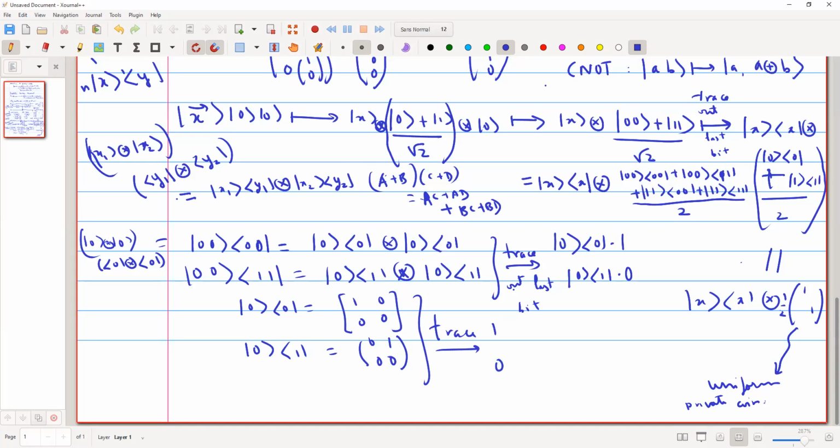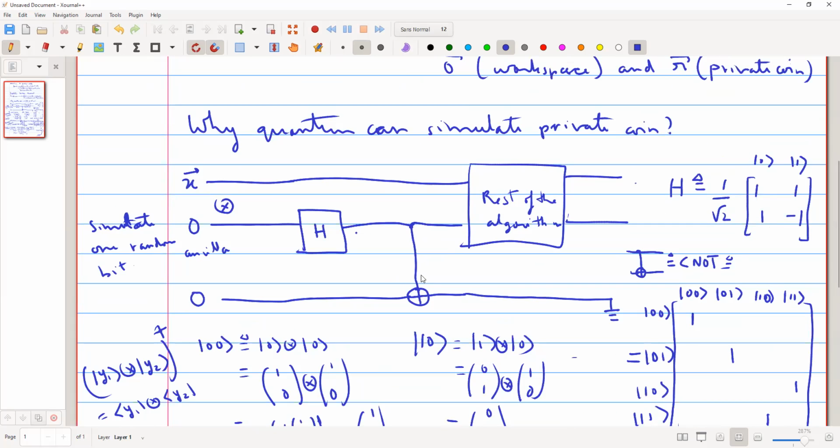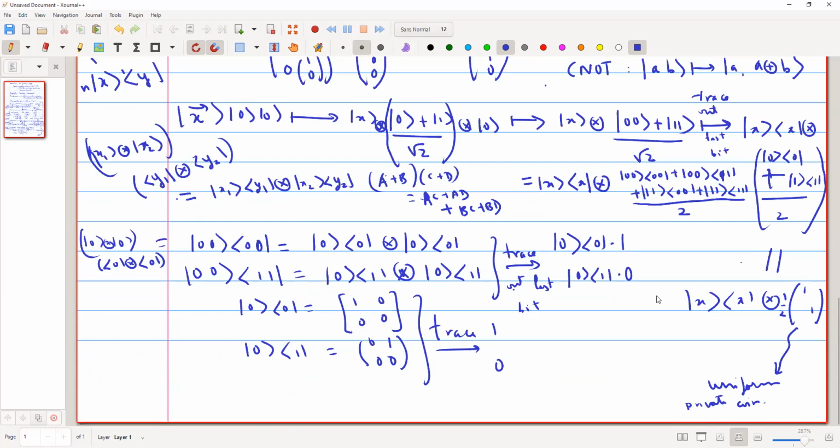So what has this shown me? This has shown me that if I want to simulate one random bit, one private coin out here, I can do it in quantum. So attach twice the number, in this case attach 2 ancilla bits, both initialized to all zeros. Append this circuitry, and then ignore the second half of the bits. So the first half of the bits after this will behave like uniformly random bits, in tensor with the input bit set.